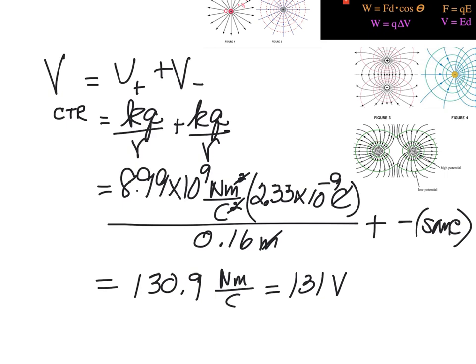But where both charges are positive, both numbers are going to be positive, and so the answer in that case will be 262 volts. I'm using the number that I was given. You're going to have a different number, so you'll get different electric potential values, but no matter what your numbers are, these two at the center will be 0.